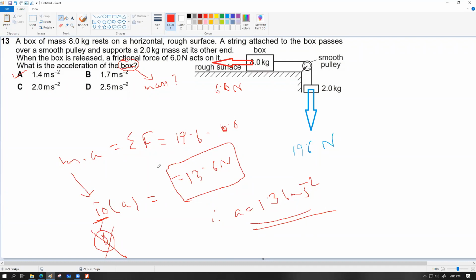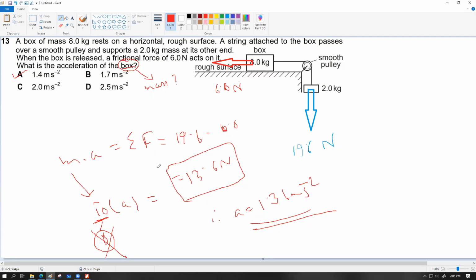The 2 kg object is providing the weight, which is working as the blue arrow, which is 19.6 Newton due to its weight, and the box is experiencing because of the rough surface, it is experiencing a frictional force of 6 Newton to the left. So the resultant force that the two objects all together experience, both of them together, is 19.6 minus 6.0.